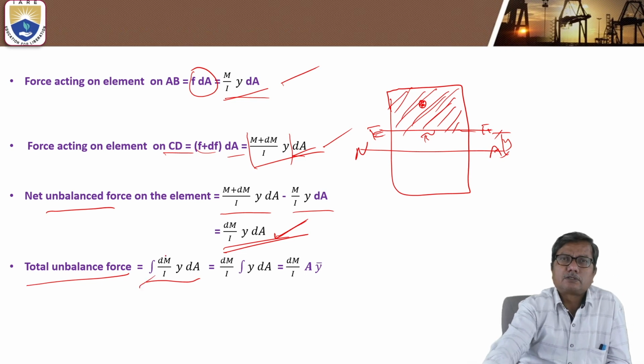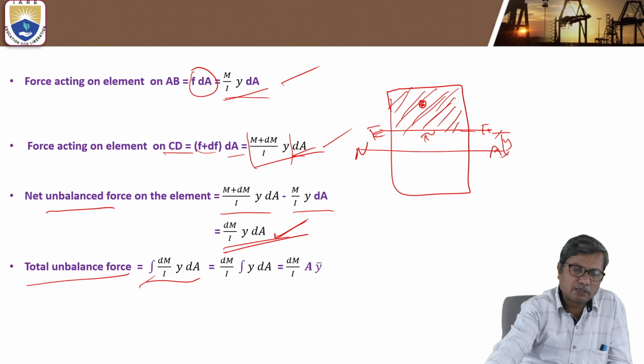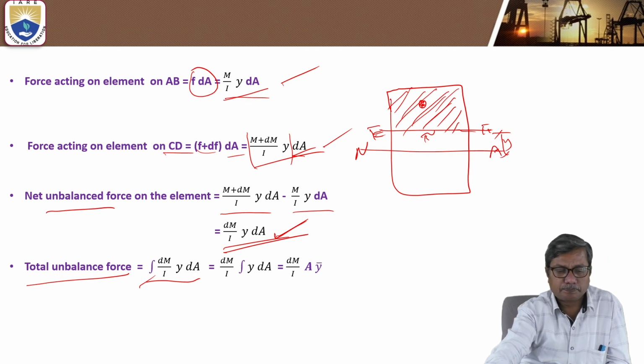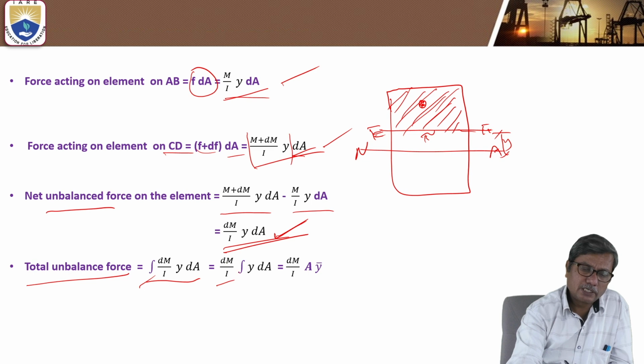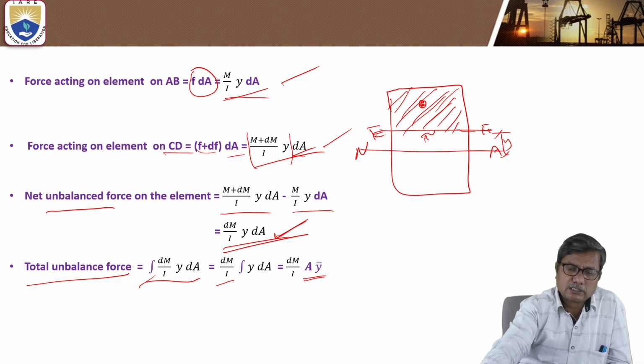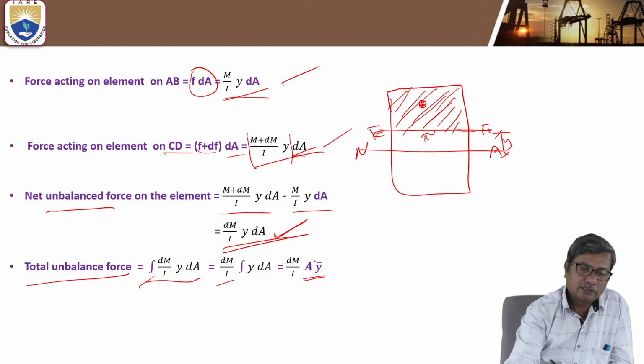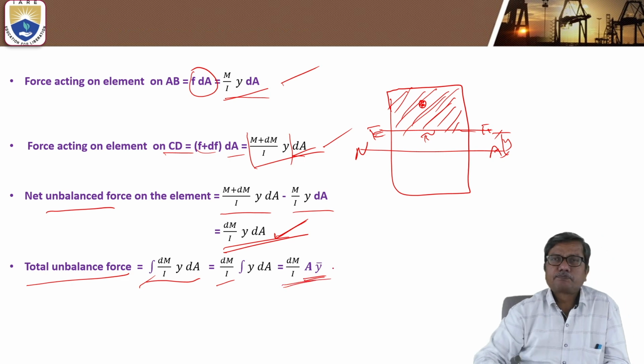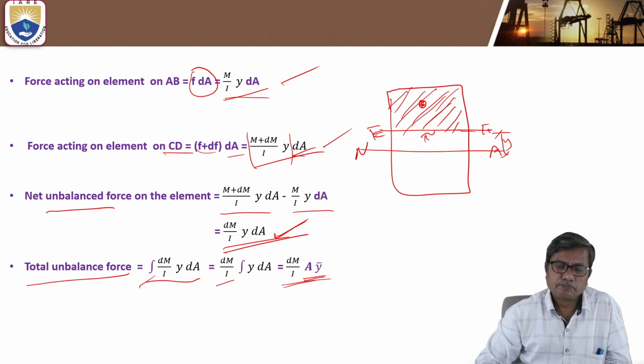So the total unbalanced force is the integral of dM by I into y dA. Taking dM by I out, we have the integral of y dA, which is nothing but the moment of the shaded area about the neutral axis. So this is the total unbalanced force acting on the shaded area above distance y from the neutral axis.